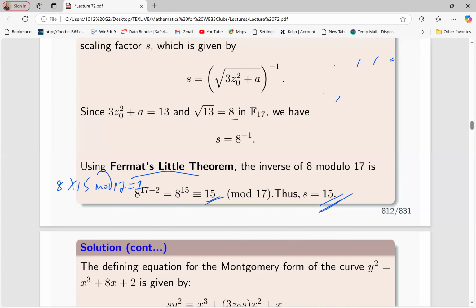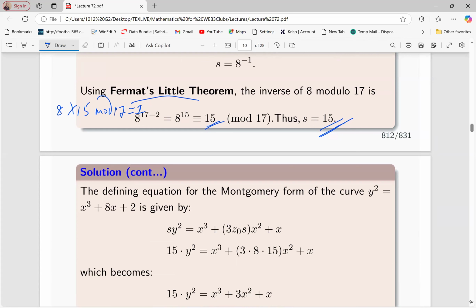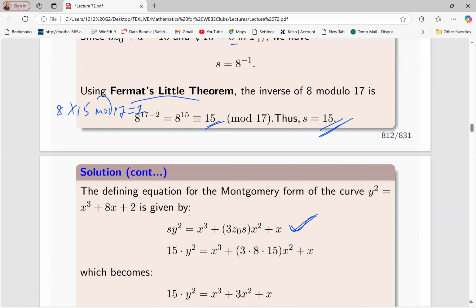So now just substitute S in the formula. Where there is S, put 15. And this was 8.